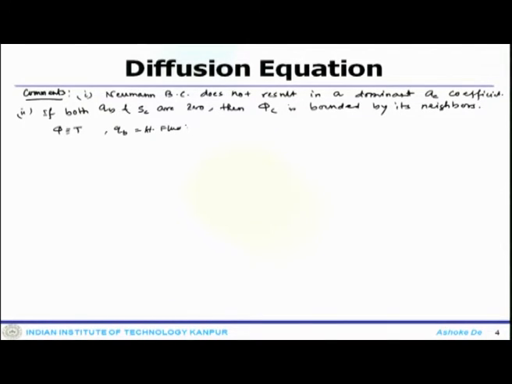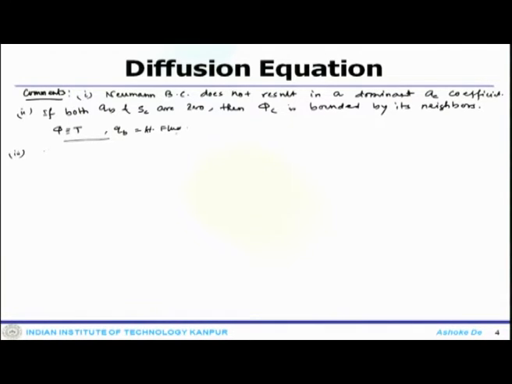That means either heat is added or heat is taken out from the boundary, then the region close to that boundary is expected to have higher or lower temperature compared to the interior. So, that is what it says: whatever information you have, accordingly they would be bounded.